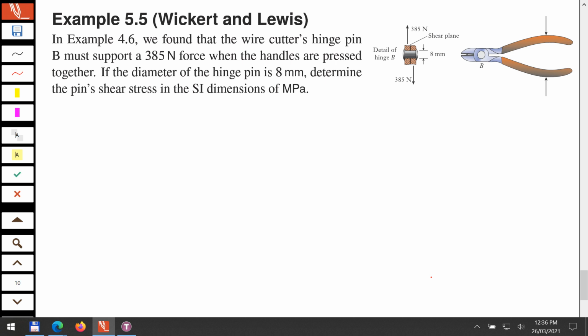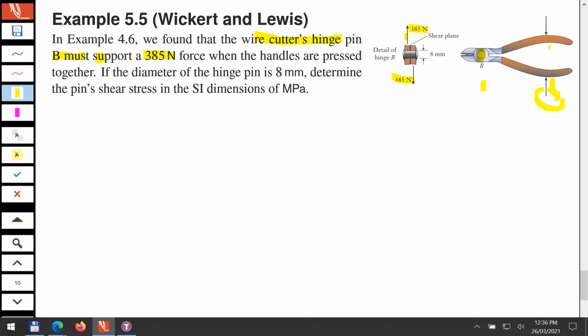It was found out in that wire cutter example that the hinge, this was the hinge, yeah, B must support this much force. ठीक है, यहाँ पे force कम था लेकिन उसका impact यहाँ पे बहुत ज़्यादा था because of the lever action. So you imagine 385 Newton force और ये दोनों साइड से है क्योंकि दोनों का consequence उधर आएगा.